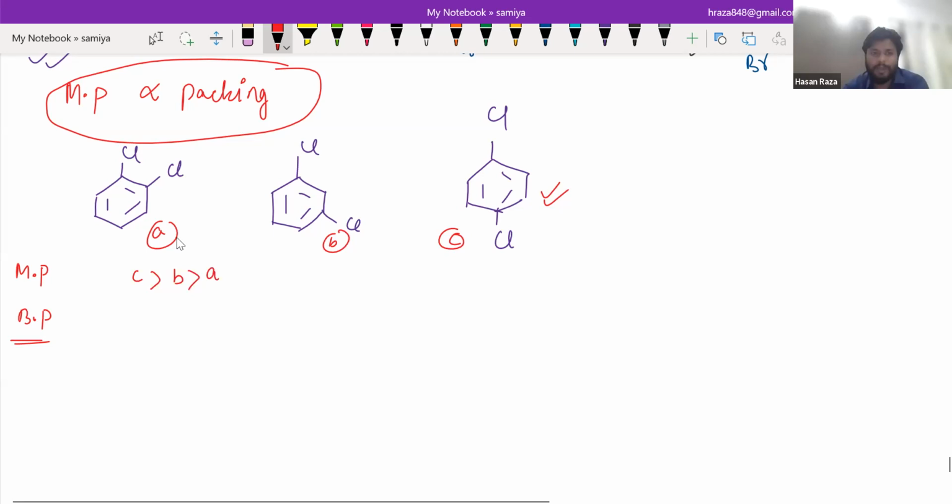All have the same molecular formula, but boiling point will be highest for ortho because it is a very stable compound. So A, then C, and then B. So please write it.